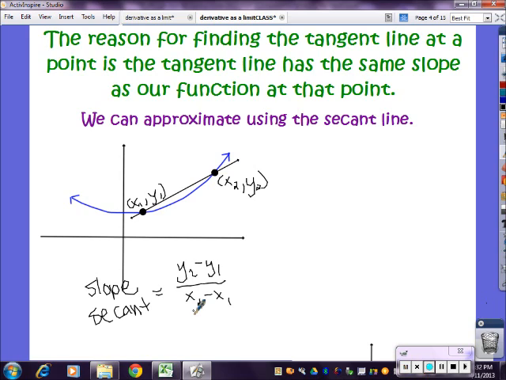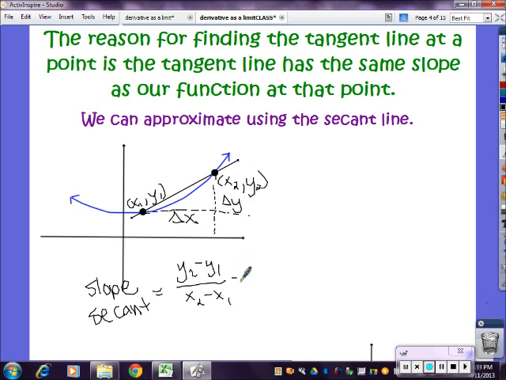Another way to think about it is that slope is the change in the vertical distance over the change in the horizontal distance. And how do we represent change in math? By using delta. The horizontal change would be delta x, and the vertical change would be delta y.